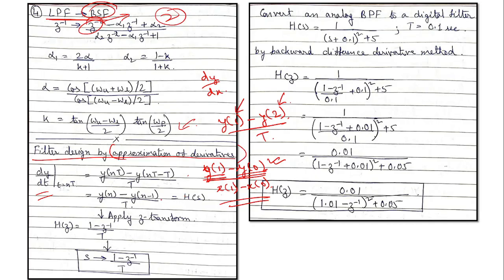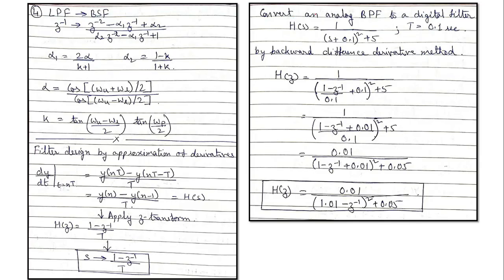If you see, we get (y[n] minus y[n minus 1]) divided by T, and as you apply the z transform, we get H(z) equals (1 minus z inverse) divided by T. So for the transformation of the analog system into the digital system, we have to replace s with (1 minus z inverse) divided by T.